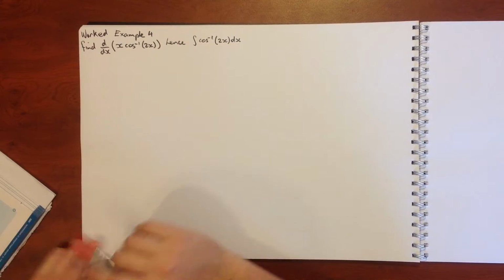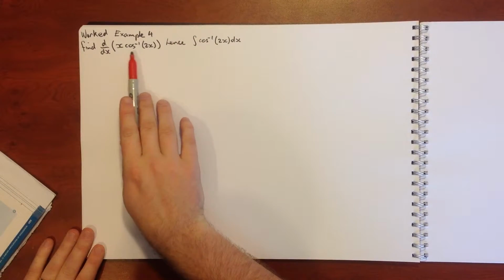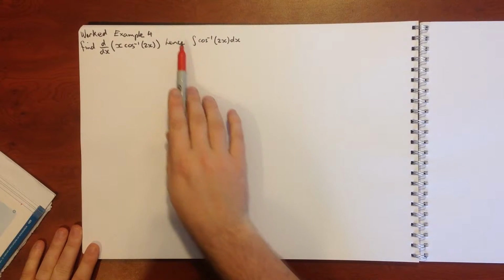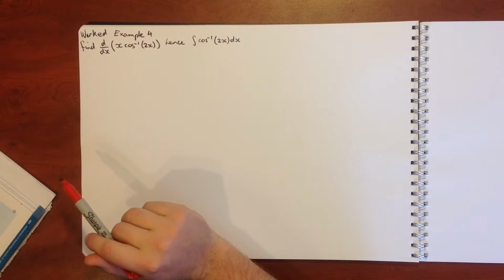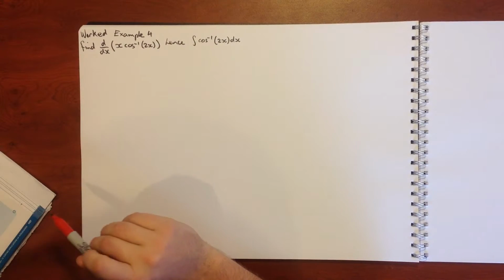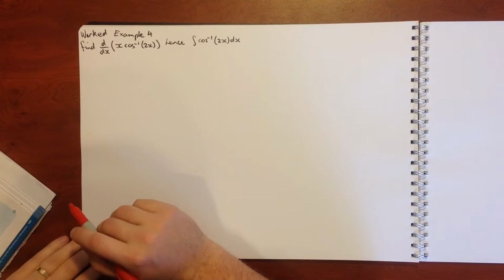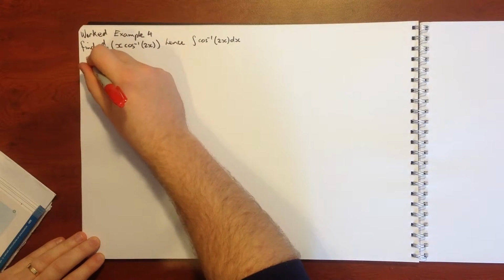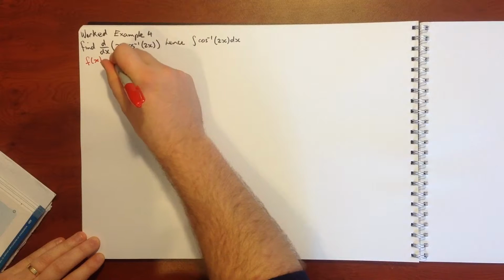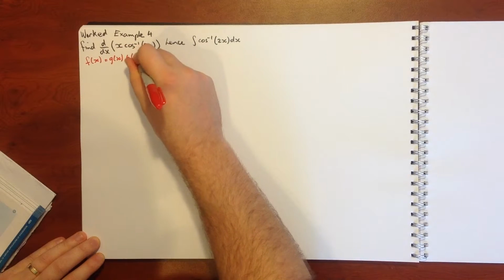Okay, so we're trying to find the derivative of x times the inverse cos of 2x, and hence find the integral of inverse cos of 2x with respect to x. So again, we've got a product rule question. So I'm saying we've got f of x equals g of x times h of x.